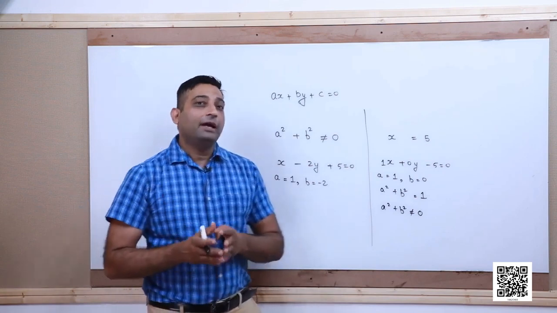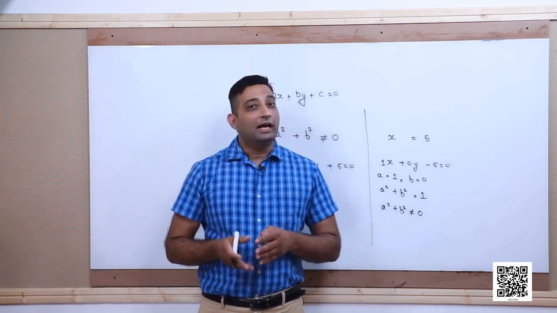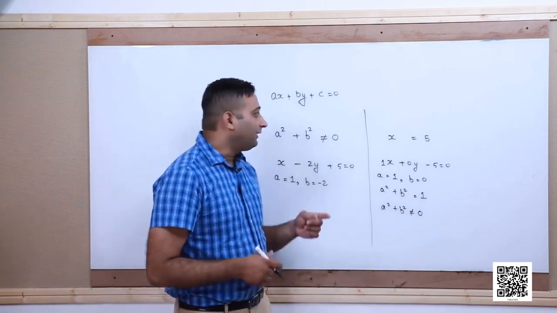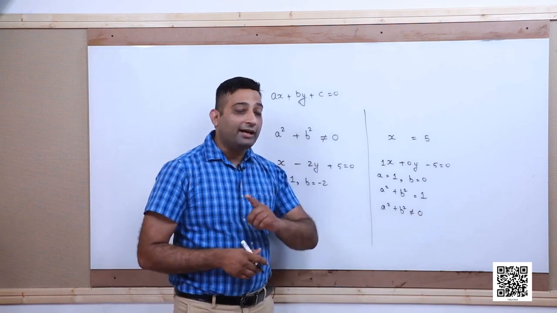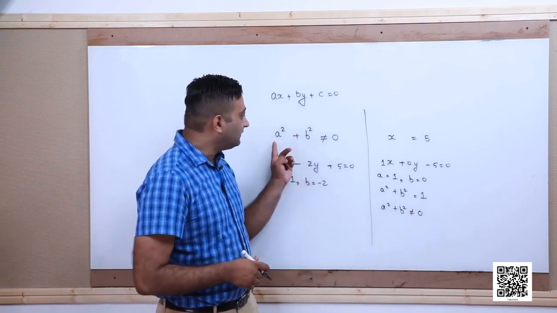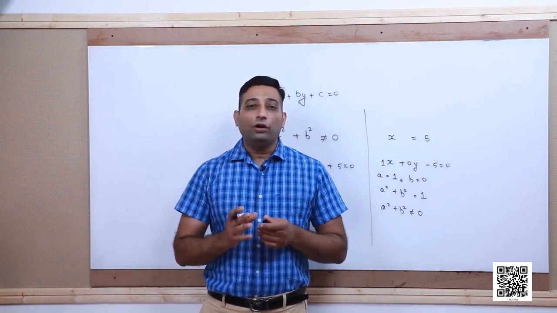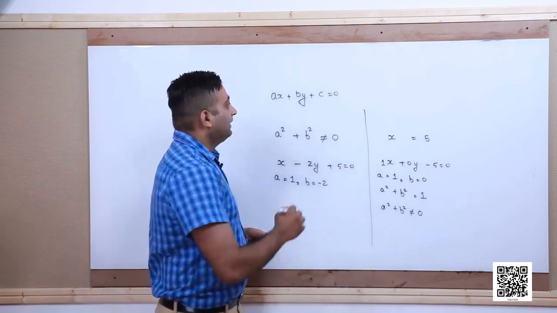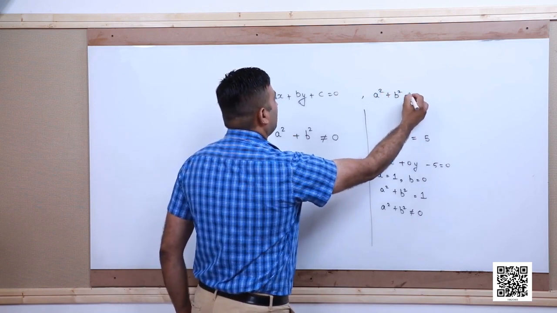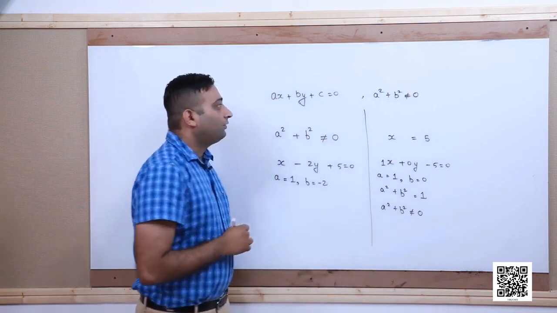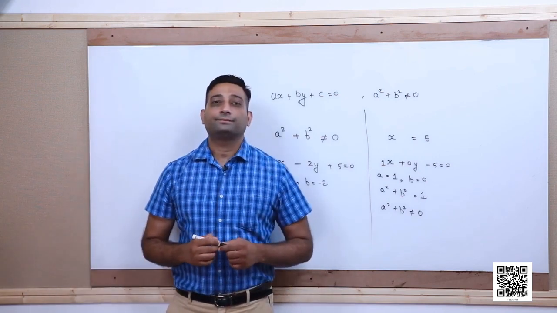Hence, only if both the coefficients of x and y are 0 will we get a square plus b square as 0. Otherwise, we will never get this value equal to 0. Hence, we always put the condition that a square plus b square should not be equal to 0 for a linear equation in two variables.